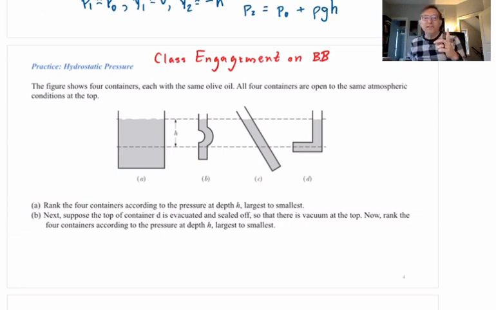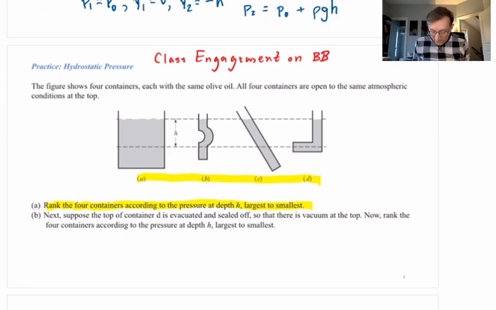So it doesn't matter that it's olive oil; the point is it's the same liquid in all 4. All 4 containers are open to the same atmospheric conditions at the top. First thing, rank the 4 containers, labeled A, B, C, and D, according to the pressure at depth h, largest to smallest. That's the first part.